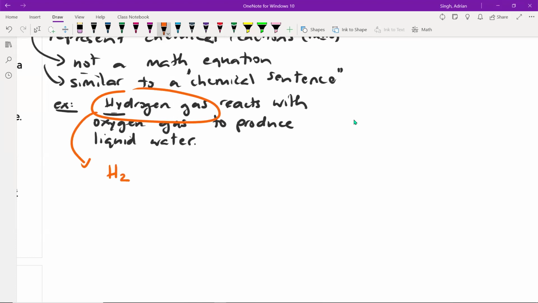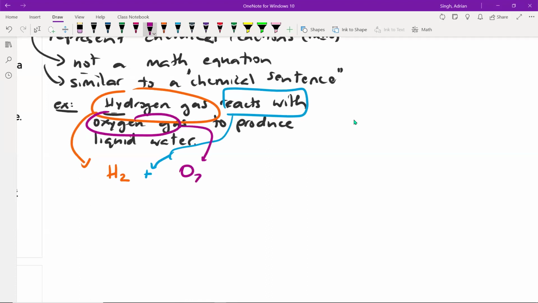It's a diatomic molecule. And then that is going to react with. When we see the phrase reacts with, we actually use a plus sign. So hydrogen reacts with oxygen gas. Oxygen gas is O2, diatomic, just like hydrogen is.